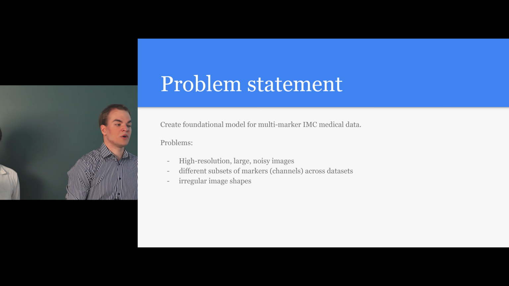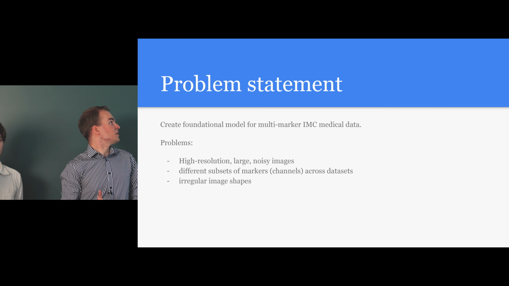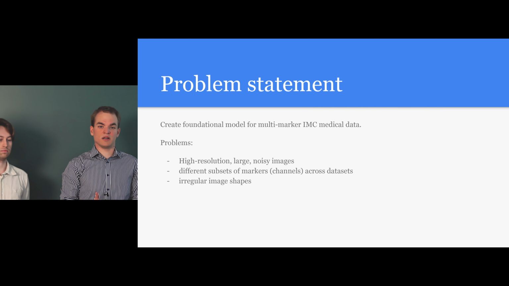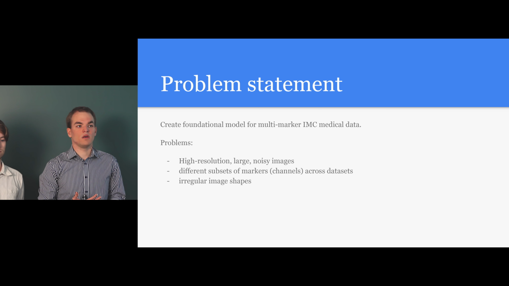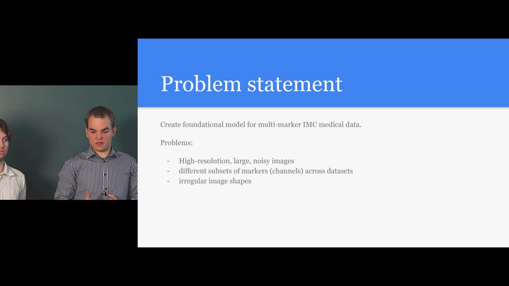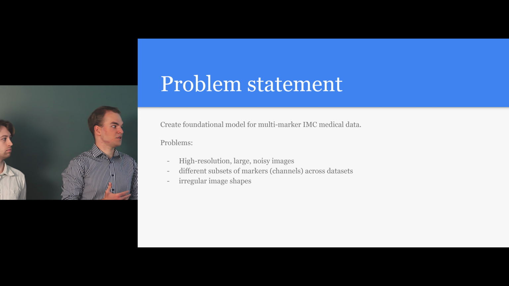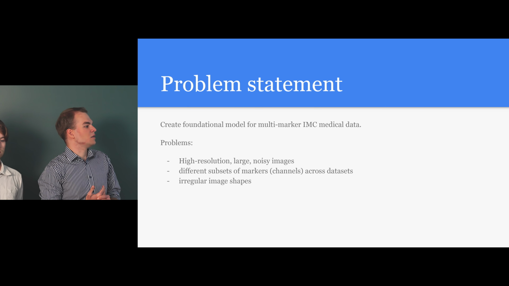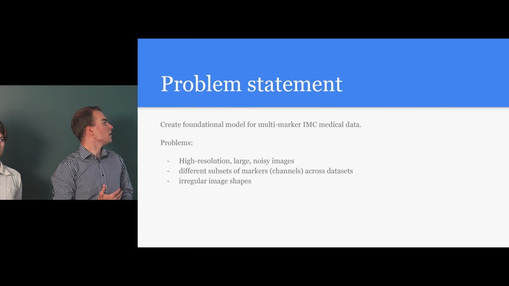So, problem statement. Our task is to create a foundational model for multi-marker IMC medical data. These data sets are challenging because the images have high resolution.